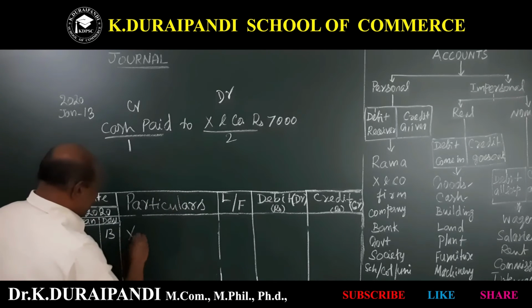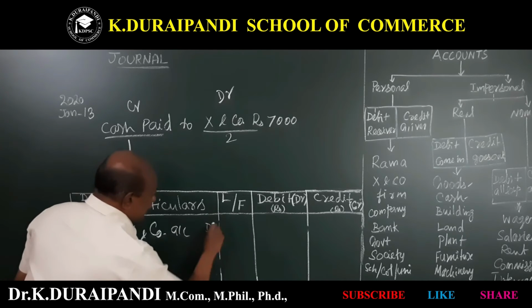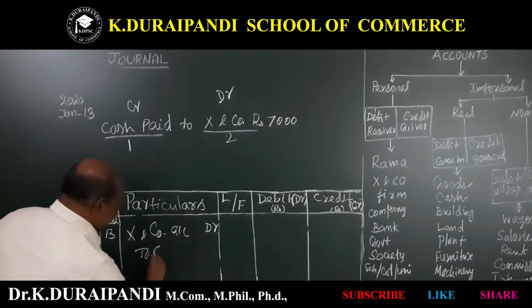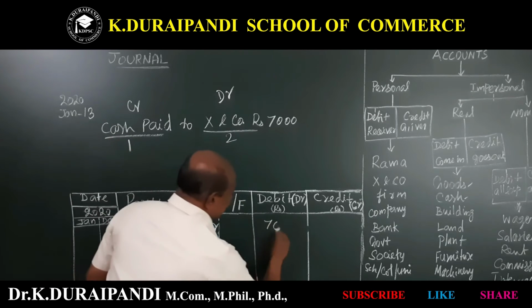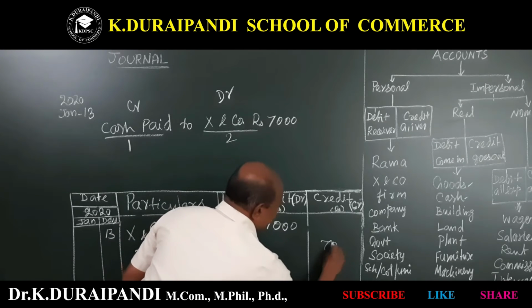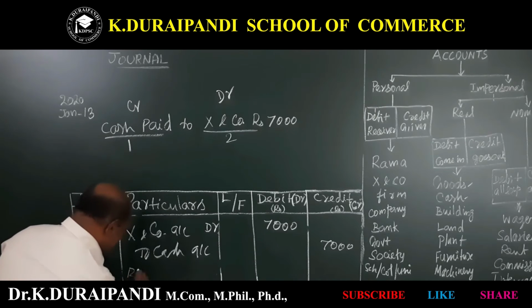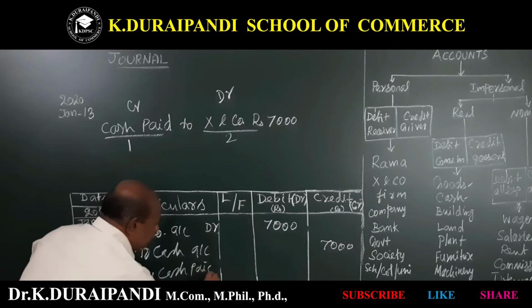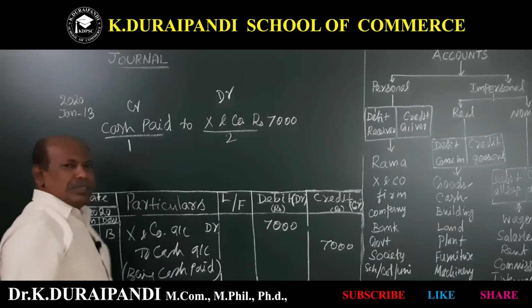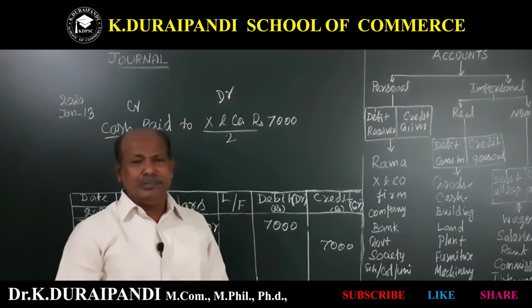X and Co account, debtor, to cash account, 7,000 rupees. Being cash paid. That is the journal for this transaction.